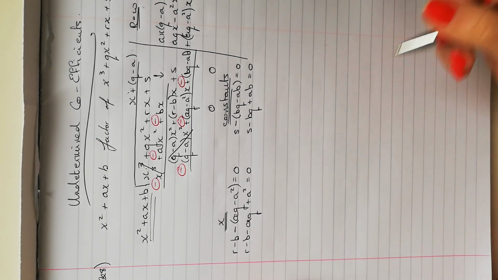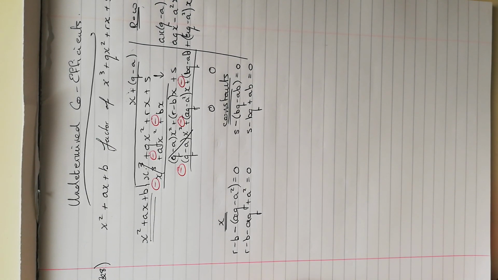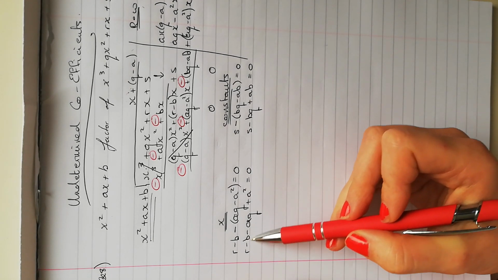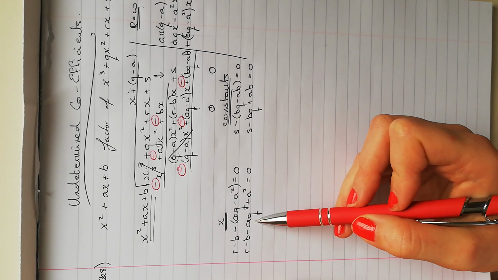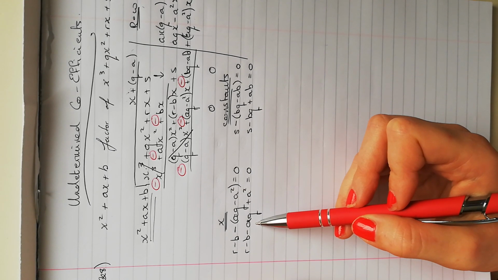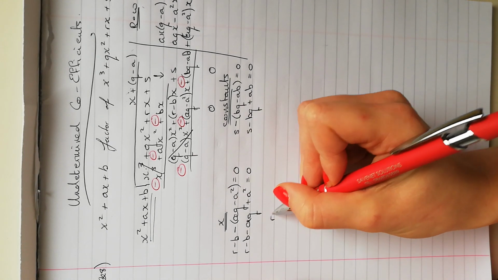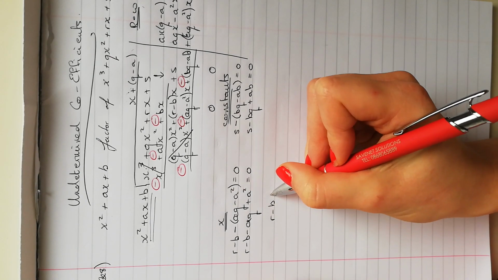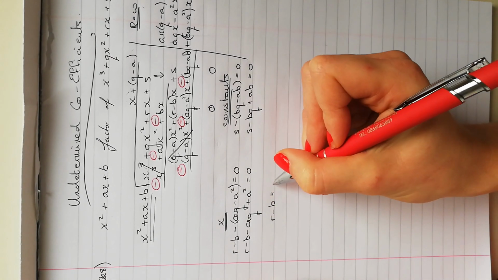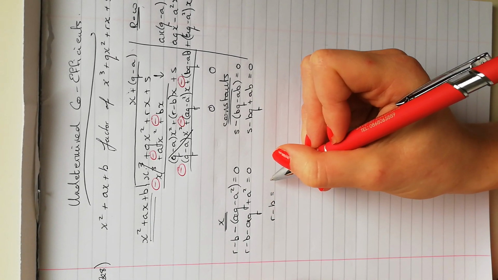I'm going to stop here and look back to the question. What they've asked us to do is prove that r minus b is equal to a times (q minus a). I want an r minus b, so I'm going to leave that r minus b on the left hand side of this equation, and I'm going to throw everything else over here.